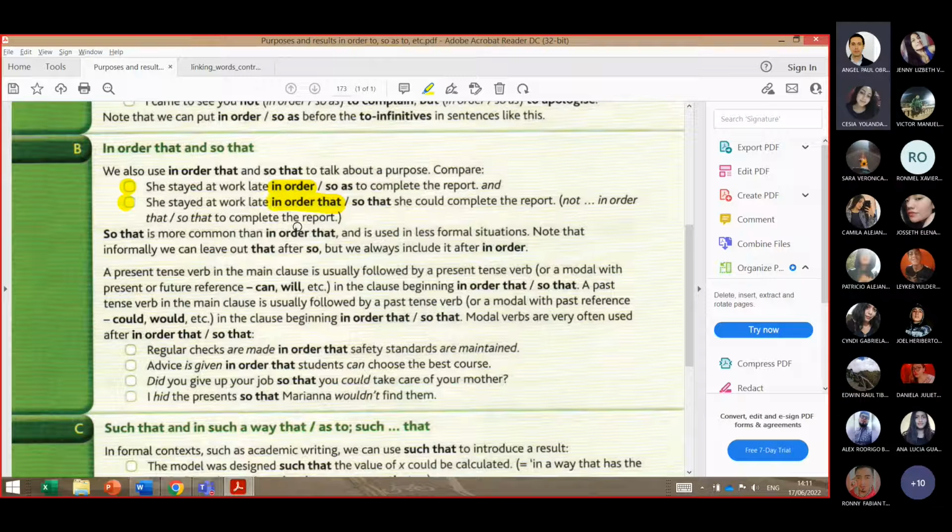Miren, aquí utilizamos in order that. O podemos poner so that she could complete the report. Entonces, cualquiera de estos dos podemos utilizar para hablar de propósitos, ¿no? Este so that es más común que in order that, ¿sí? Y es usado en situaciones informales, ¿sí?